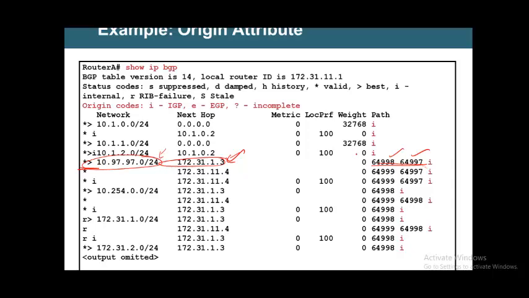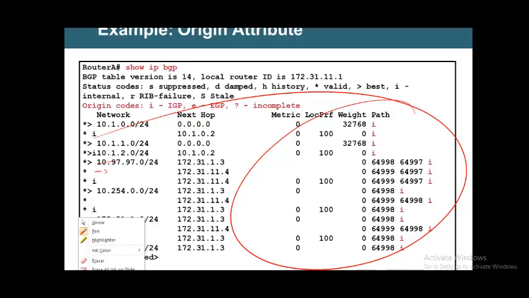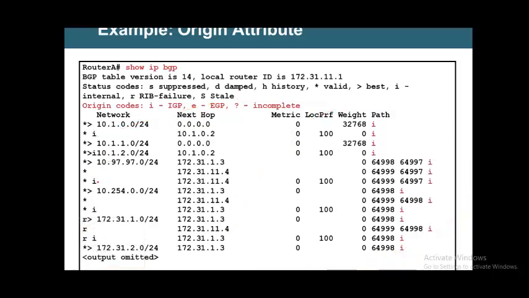If not, you go and change weight or local preference and so on. So by tuning the attributes, the forwarding table is going to shift from one path to another. And the path that is elected as the best is the only path that is going to be in the routing table.